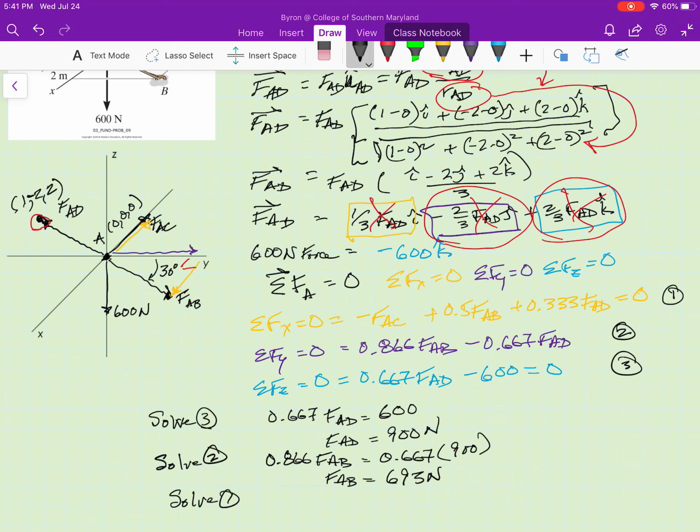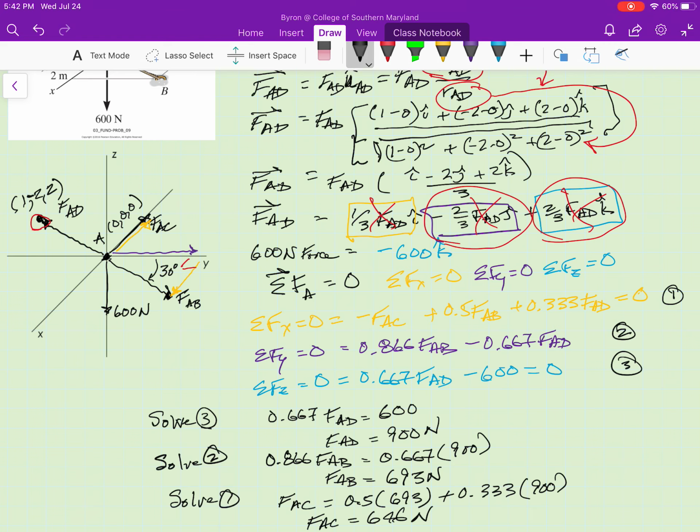And I can write equation 1 as FAC equals 0.5 times the 693 plus 0.333 times the 900, and do that math and get FAC equals 646 newtons.